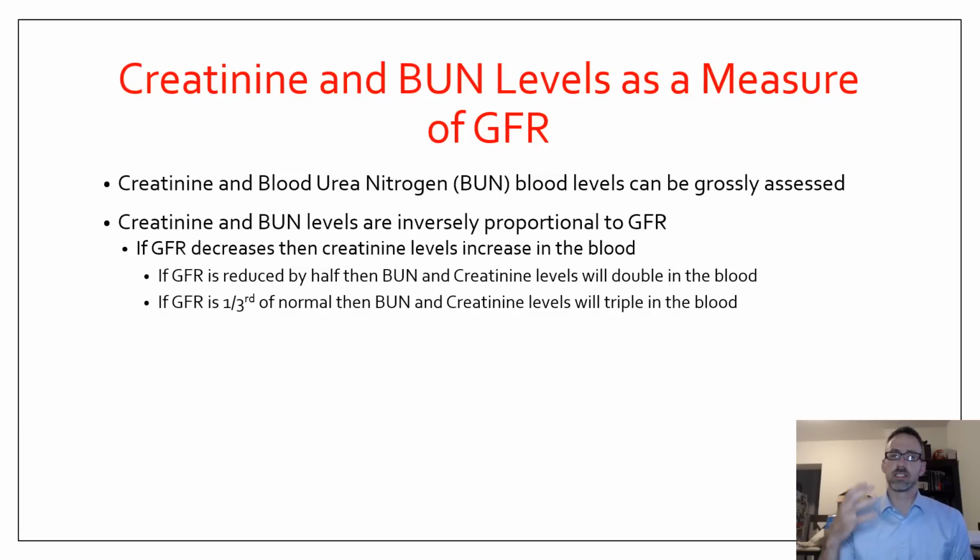They get filtered by the kidney into the nephron, and then they get excreted at a certain rate. So there is a steady state under normal conditions where we produce creatinine and BUN at a certain level and we excrete it at a certain level. When we reach a steady state, the production and the excretion are equal to each other.